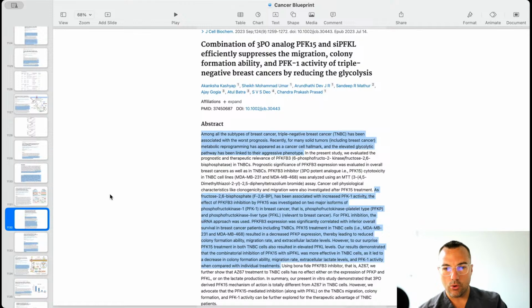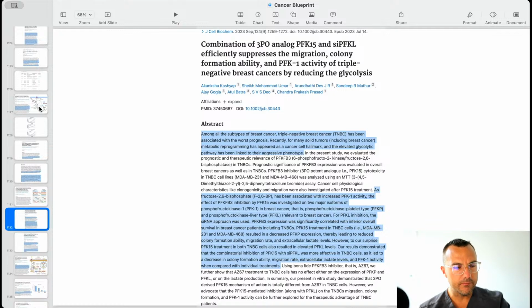However, to our surprise, PFK15 treatment in both triple-negative breast cancer cells also resulted in elevated PFKL levels. Our results demonstrate that the combination inhibition of PFK15 and SI-PFKL was more effective in triple-negative breast cancer cells, as it led to a decrease in colony formation ability, migration, extracellular lactate levels, and PFK1 activity when compared to individual treatments. So this is a key point.